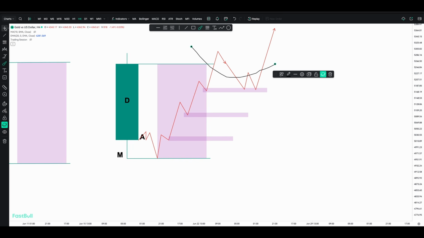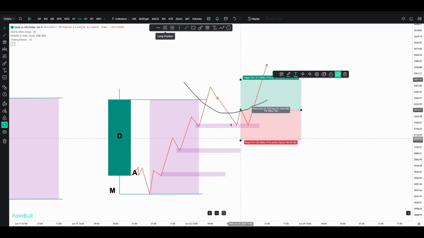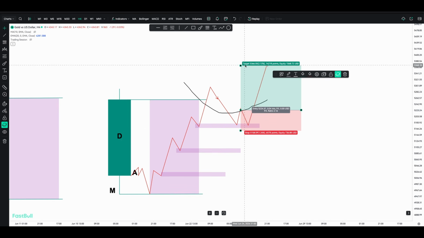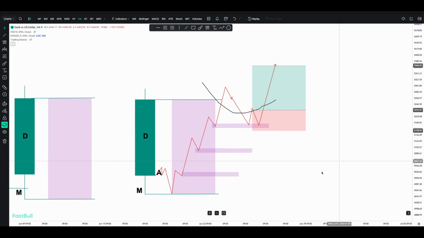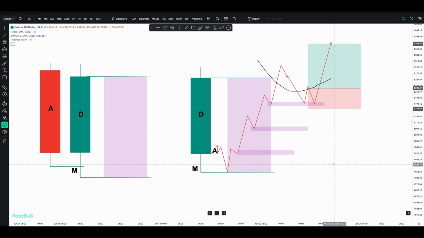You take your trades after a break of this moving average on a lower time frame. Then you can enter a trade like here, and you put your stop loss at the previous low within that previous candle's levels of structure, and then you target a 1 to 2. This is what you're going to be looking at while you are trading this strategy.